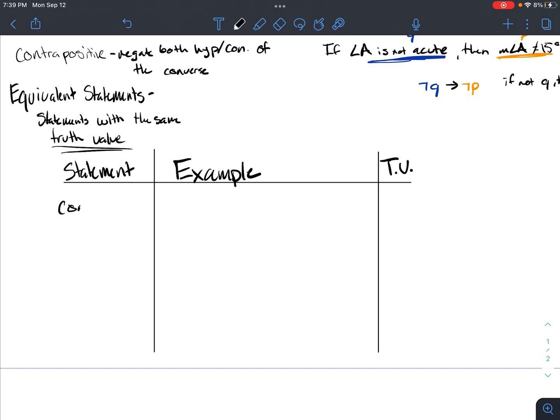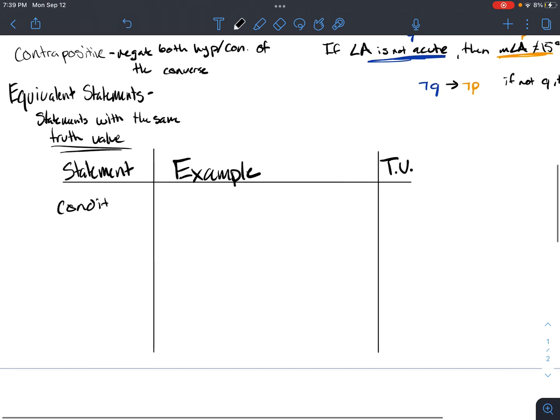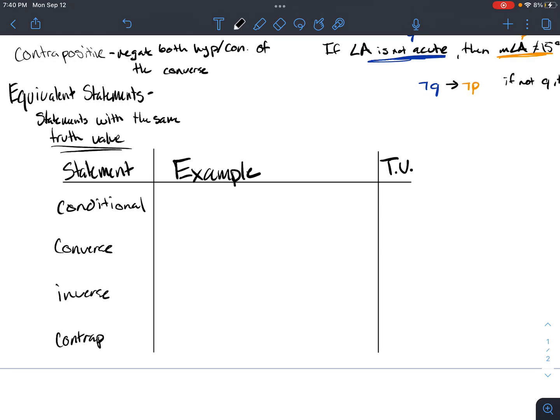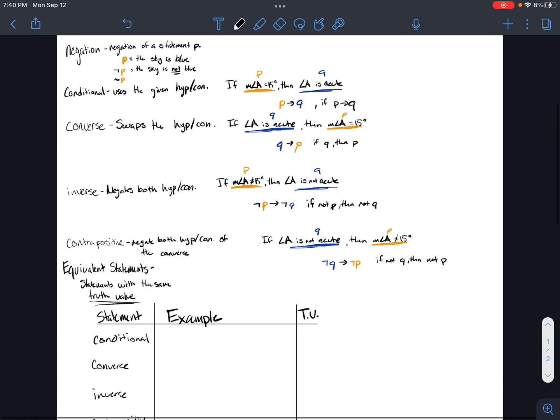So using our same example, we could have the conditional, the converse, the inverse, the contrapositive. And your truth value, or our example, is going to be our sentences that we used up here.